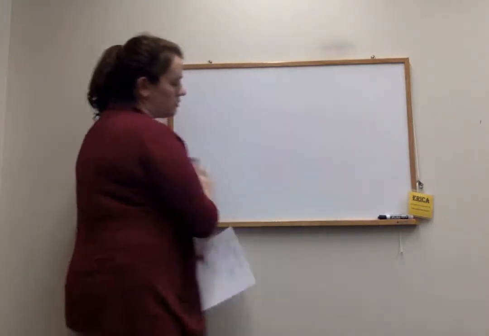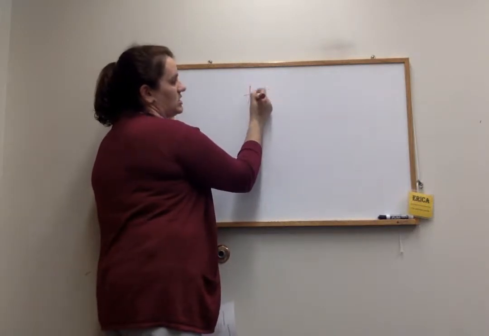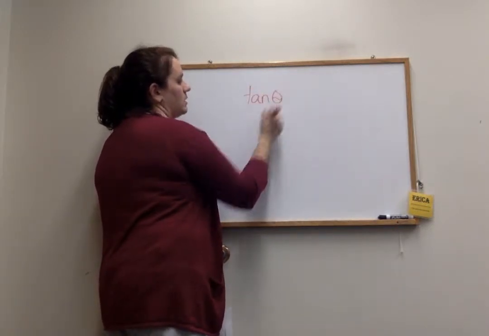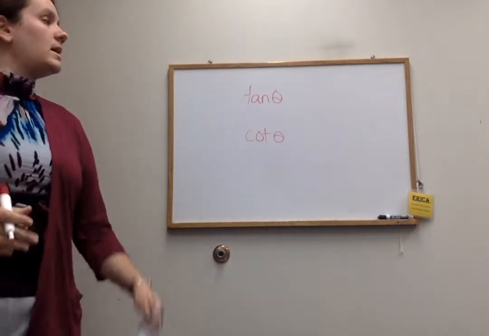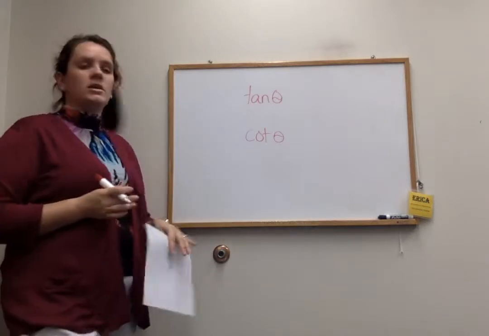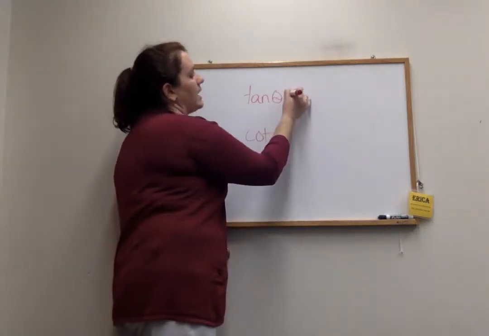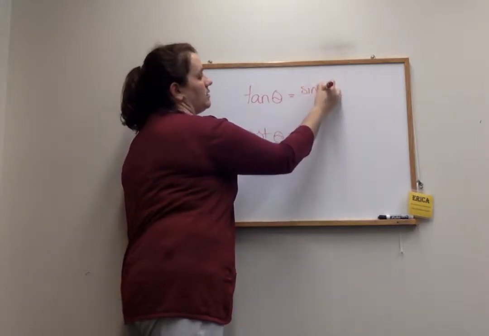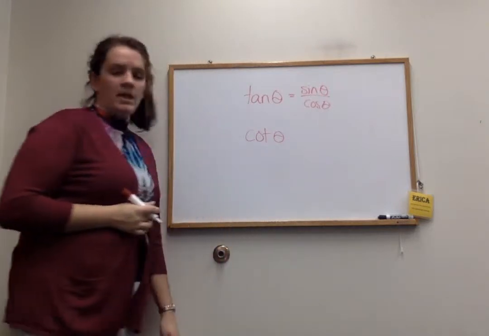There are also 2 quotient identities, and I know we touched on this just briefly, but they are related to tangent and cotangent. Now we know that these two are reciprocals of each other, but they can also be written in terms of sine and cosine. Tangent is actually the ratio of sine to cosine for a specific angle.